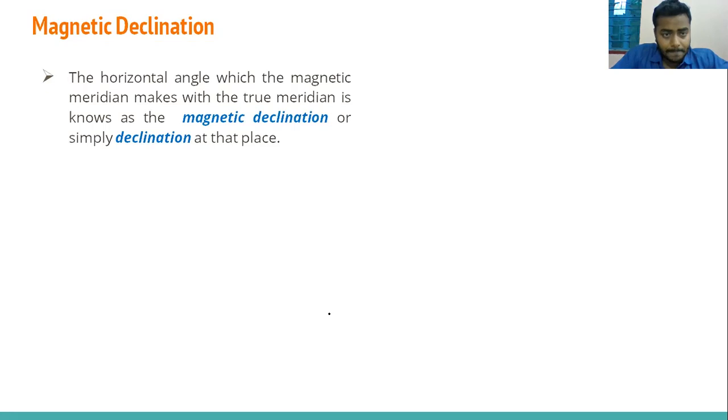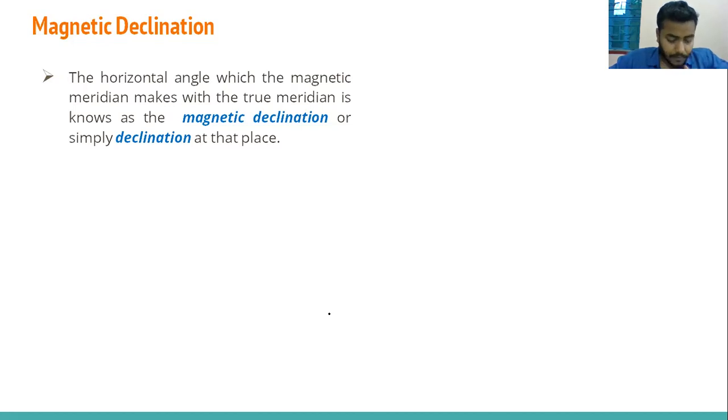It is very fixed, it will not vary, so that meridian we can call the true meridian. In many places you will see the magnetic meridian, that we can get if we make a freely suspended needle. Whatever direction is shown by the needle gives us the magnetic meridian, right?